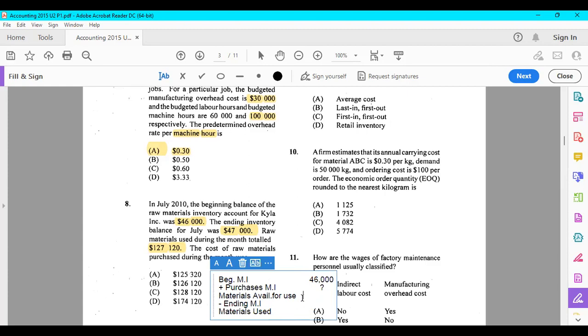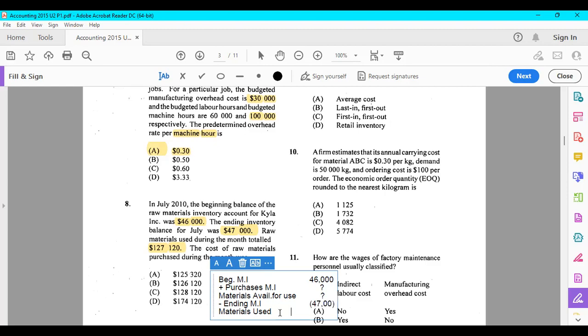If you add 46 plus a question mark, we end up with a question mark as well, because we don't know the purchases, so we can't know how much we have available. But we know ending, so let's fill in ending. Ending is $47,000. We subtract that, remember?